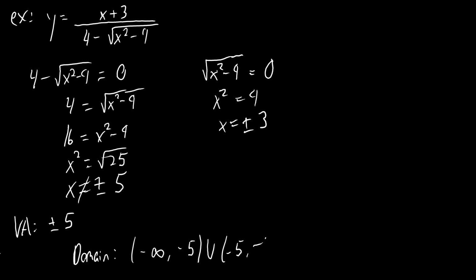Negative 3, square bracket, union, square bracket again, and then this will be another round bracket, union 5 to infinity. Okay, so let's draw this out.